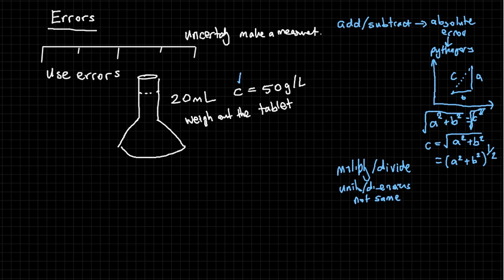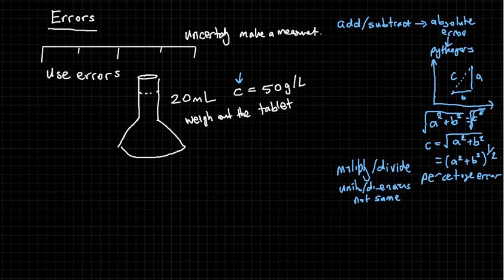Now the problem comes when we want to multiply and divide. The reason is that the units or the dimensions are not the same. And that makes sense.